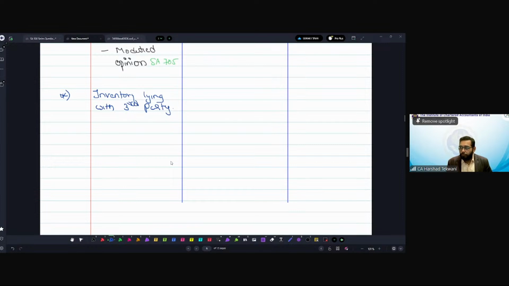Sir, what type of controls are followed by the third party, what instructions are given by the entity to issue the stocks, and what environment or condition the inventory is held in by the warehouses.